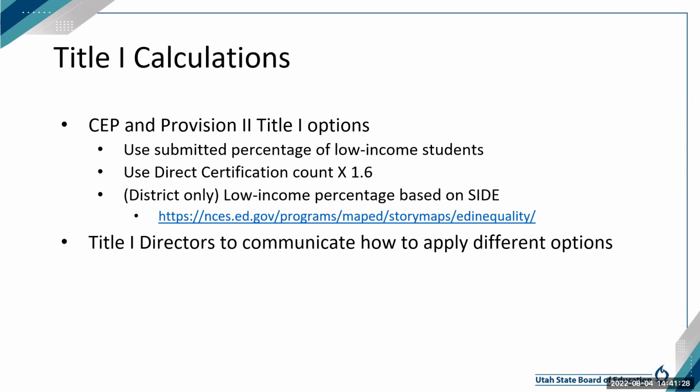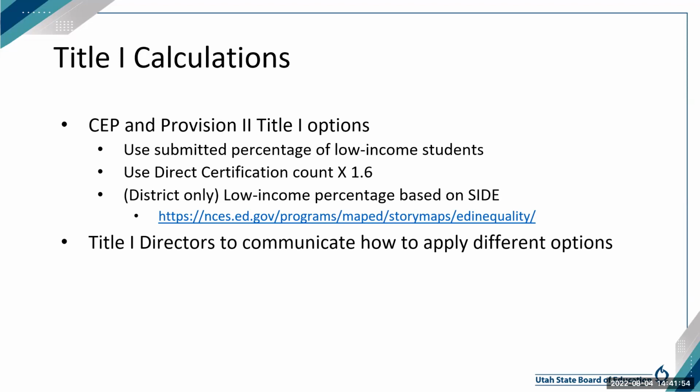The other one, and this only works in districts because the districts have the borders, is the low income percentage. It can be based upon SAIPE, S-A-I-P-E. I left a link in there. It gives you instructions behind this, but basically the National Center for Education Statistics, the Department of Ed, has a map of the entire United States.